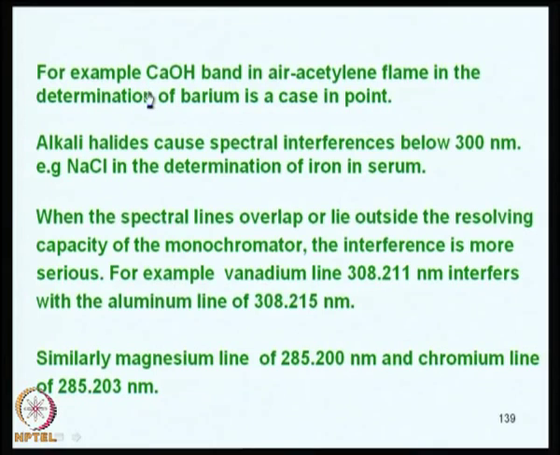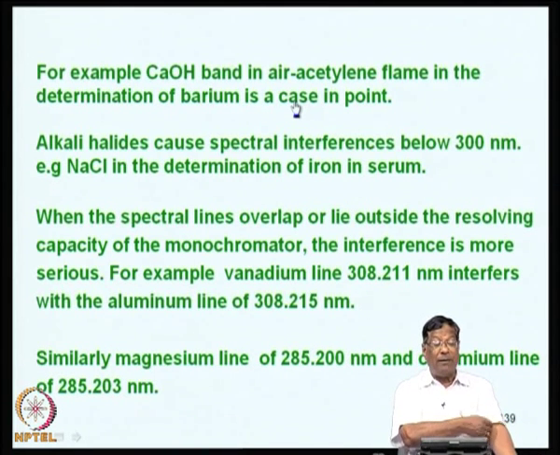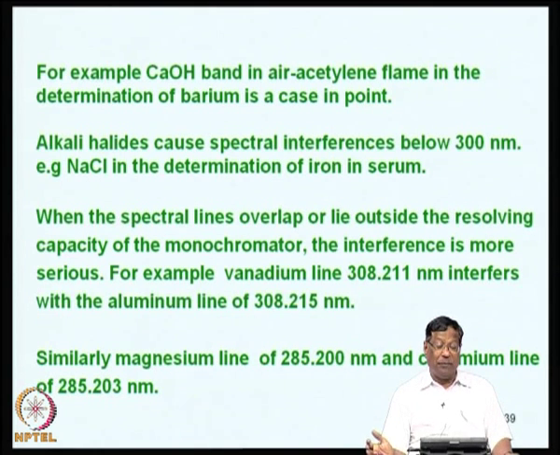For example, take a look at the calcium hydroxide band in an air-acetylene flame. In the determination of barium, the CaOH band is broad, and the barium atomic resonance line is very sharp, but there will be some absorbance coming from the calcium hydroxide band when you are measuring barium. So, the apparent signal for barium increases even though there is no barium.